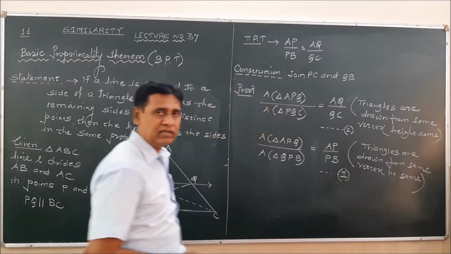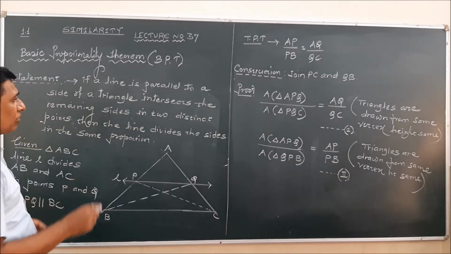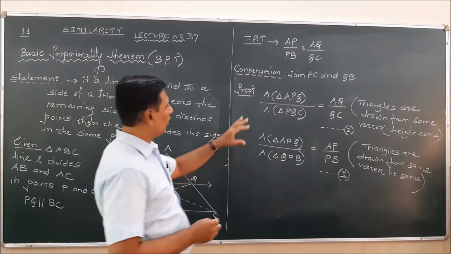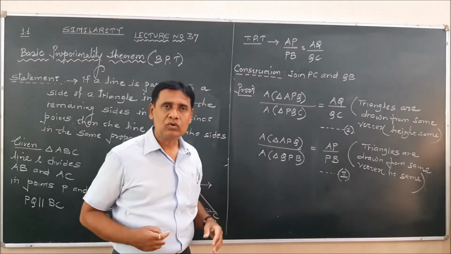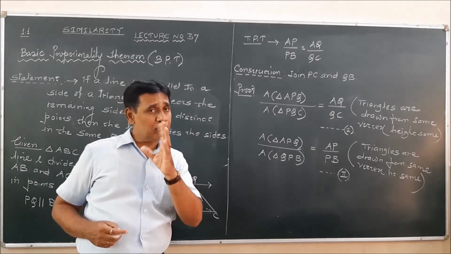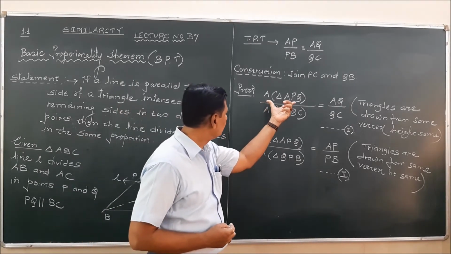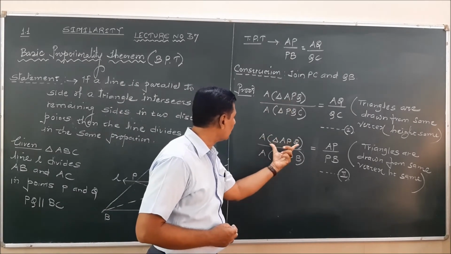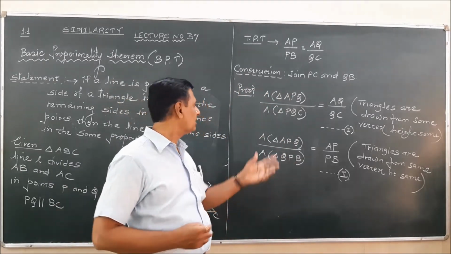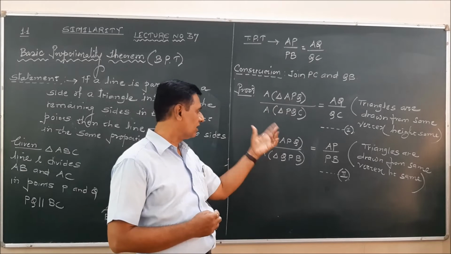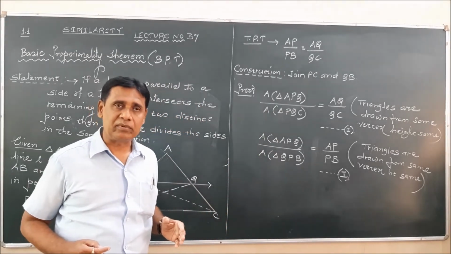Now please look at the figure. If I compare these results 1 and 2, what is the very important point to recognize? In the numerator we got the same thing, that is area of triangle APQ here, and here also area of triangle APQ.